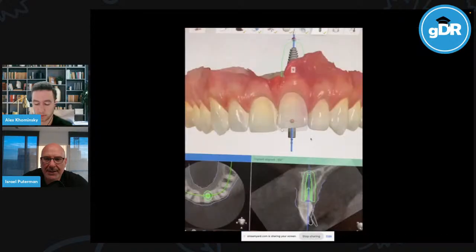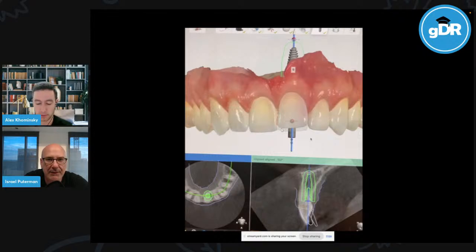What I plan to do is look at various options. What are the best ways to maintain that buccal plate position? What's the best way to preserve that contour? I can do a connective tissue graft like I did with the previous patients, if I'm able to maintain that labial plate, but the chances are pretty slim.